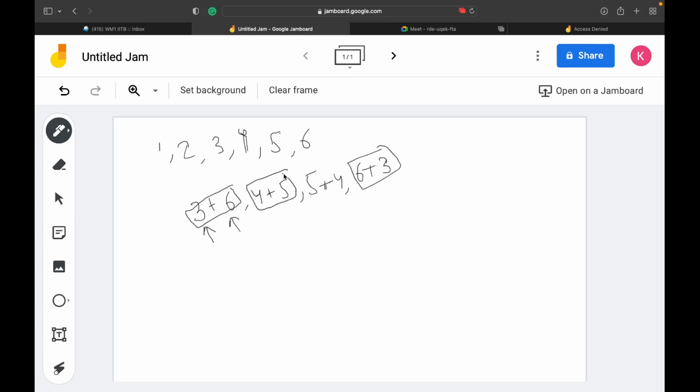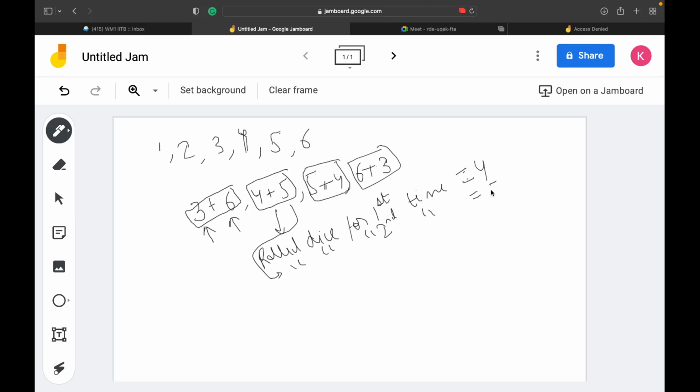So what this depicts is that when we rolled the dice for the first time, the outcome is 4, and when we roll the dice for the second time, the outcome is 5.